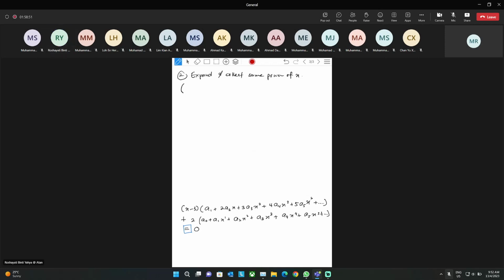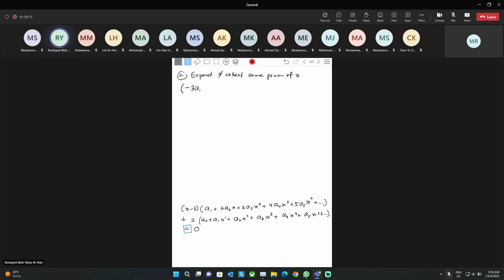Okay. For this, A1 multiply with X and then multiply with 3. So here, A1 negative, A1 minus 3. So negative 3 A1Y.